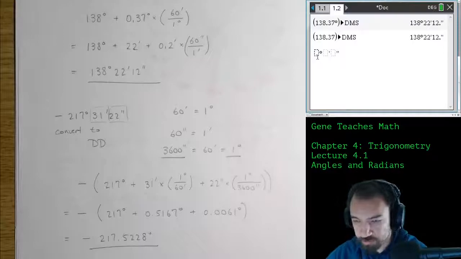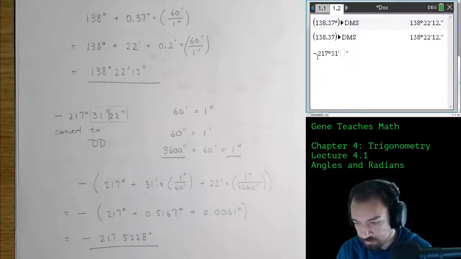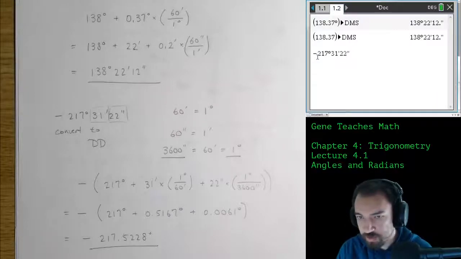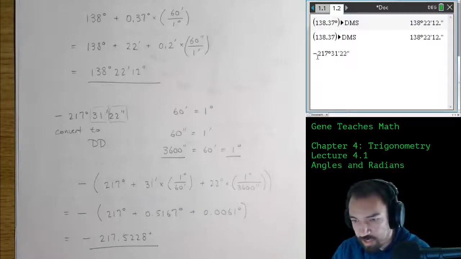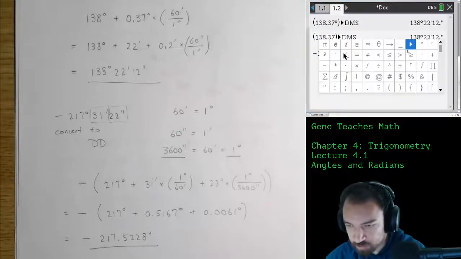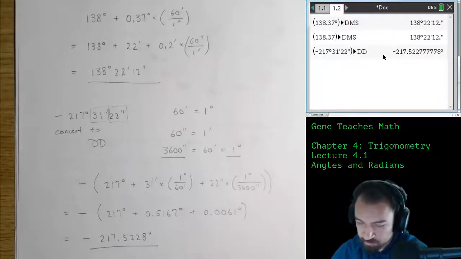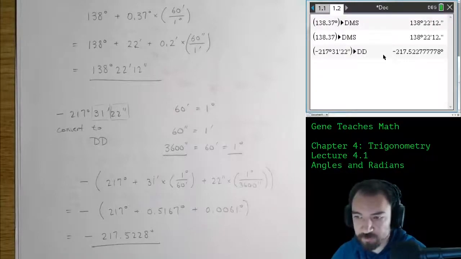So I can literally type in, with a negative out in front, 217 degrees, 31 minutes, and 22 seconds. And if I take this and go over here, do the Control catalog to bring up the solid right arrow for convert, DD is decimal degrees, negative 217.5228, and I rounded to 4 decimal places. So this is what it is.